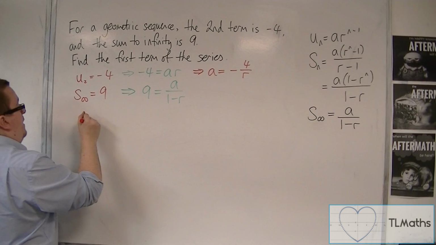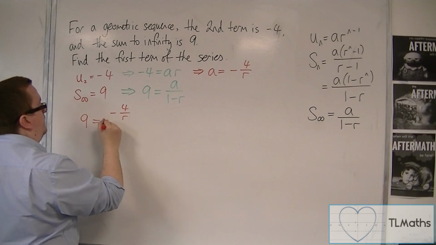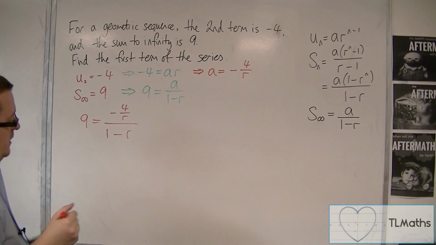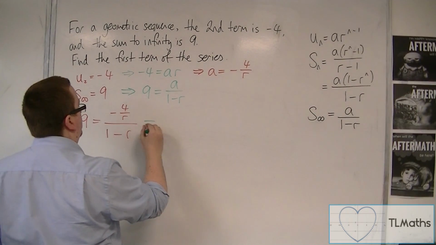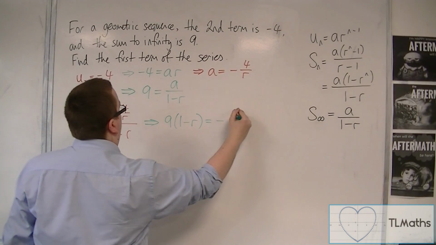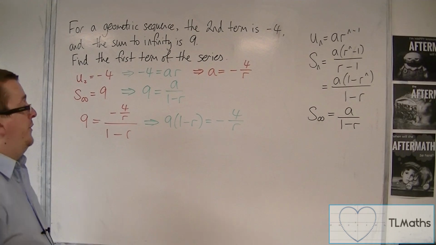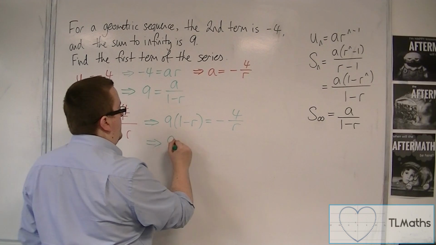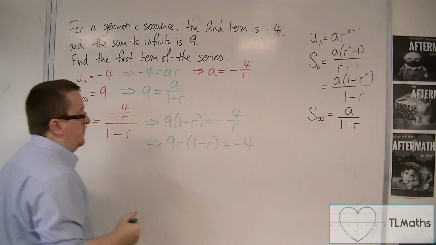So I'm going to have 9 is equal to A, which is -4 over R, over 1 minus R. So I'm going to multiply both sides by the 1 minus R. So 9 lots of 1 minus R is equal to -4 over R. And I would then multiply both sides by R as well. So we're going to get 9R(1 minus R) is equal to -4.